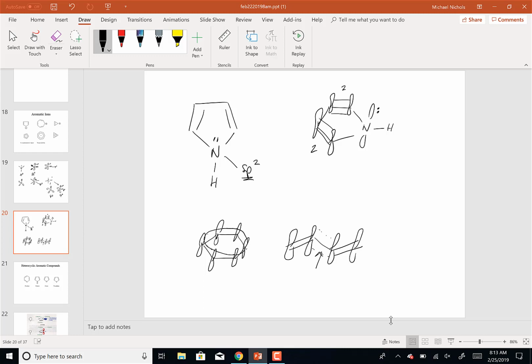And then you have a partial overlap here of these orbitals that aren't involved in the pi bonds, but that causes the single bond to become a little bit shorter.